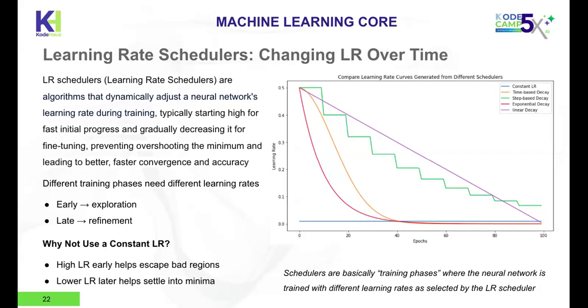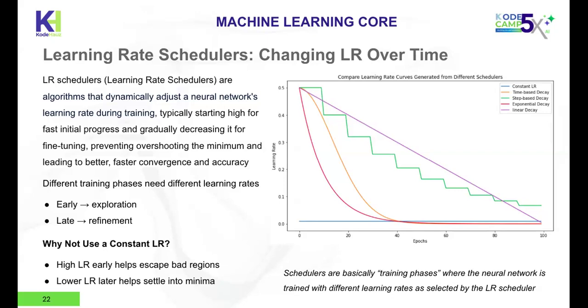And then you gradually decrease the learning rate over time as it gets better and better so that it finds its way into those small holes and sections in the loss landscape where you have the global minimum. Okay. So it prevents overshooting the minimum and leads to better, faster convergence and efficiency, right? Different training phases need different learning rates.